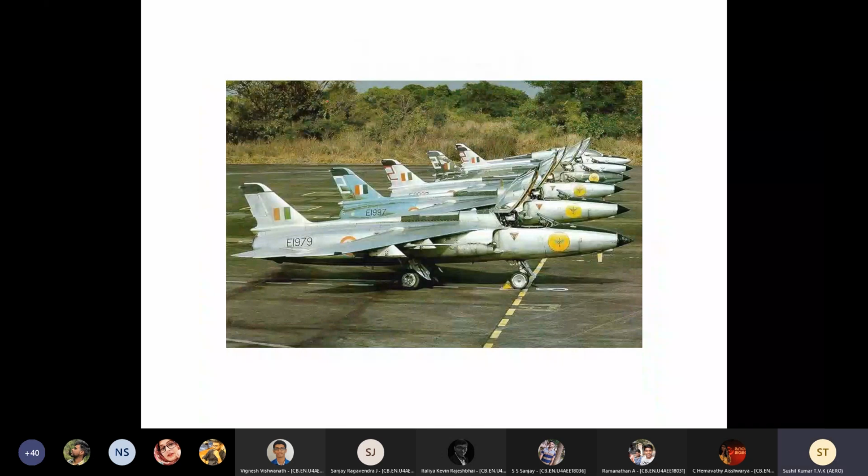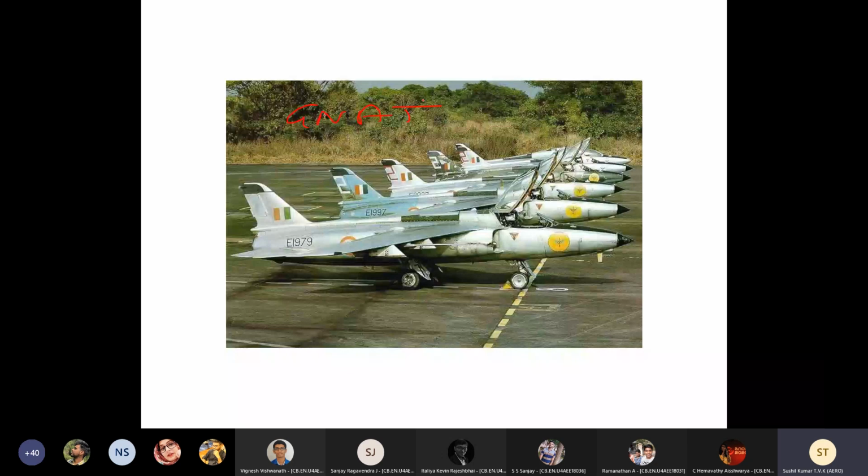It's called the Gnat. This one was a transonic fighter, really small. Maybe it can fit into a garage. That small it was. And transonic, not even supersonic, but extremely agile.